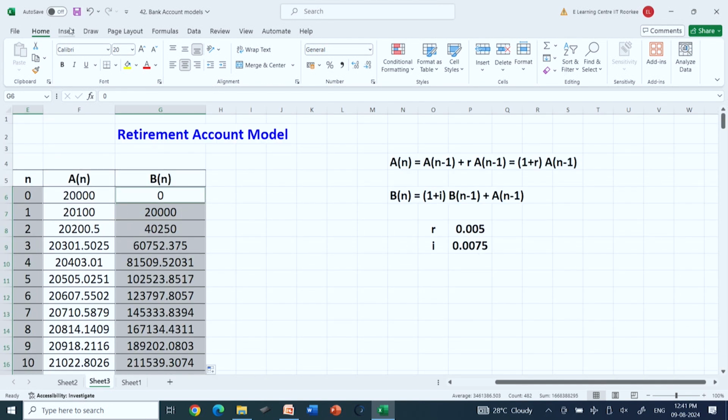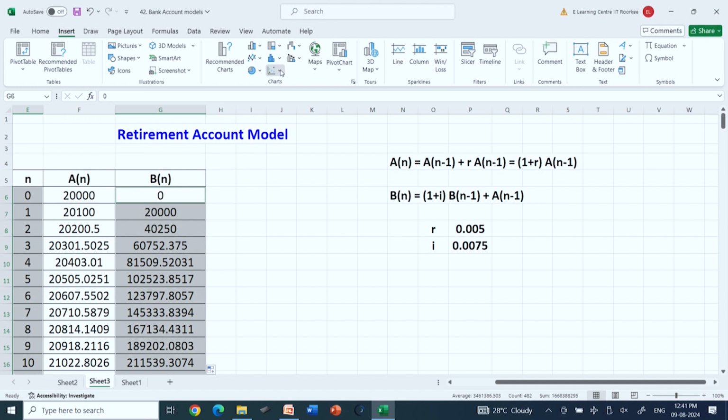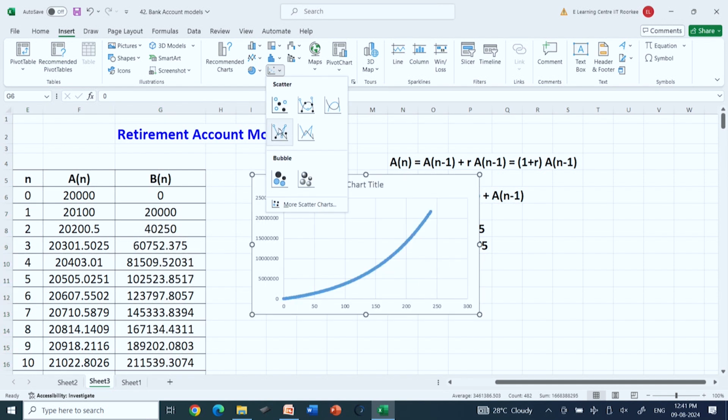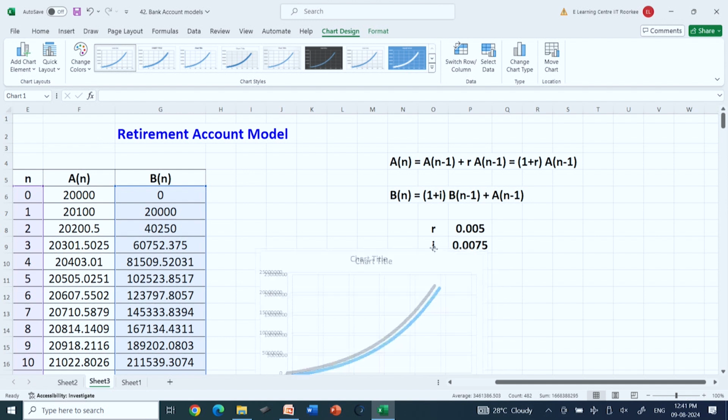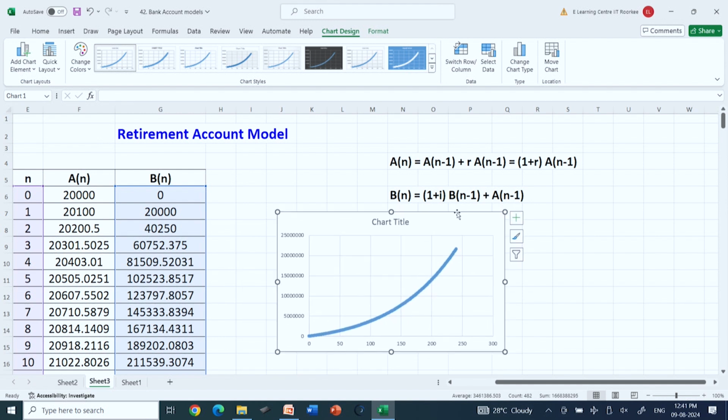I go to Insert, I go to Chart and I plot this. I can write this as retirement account model.